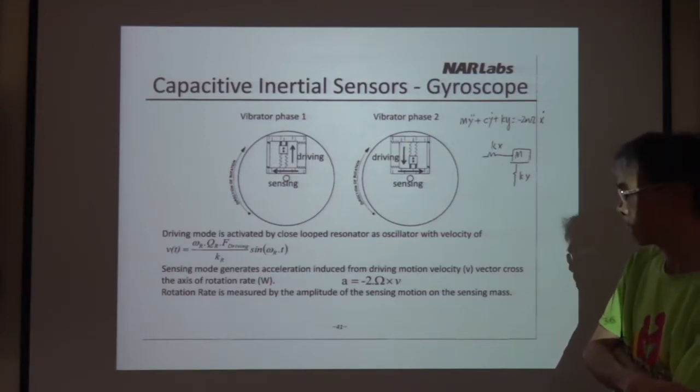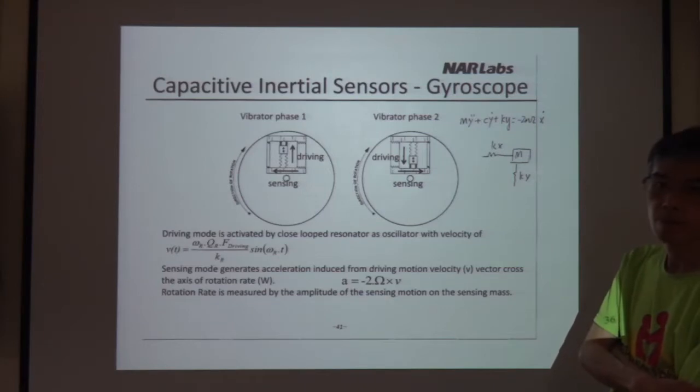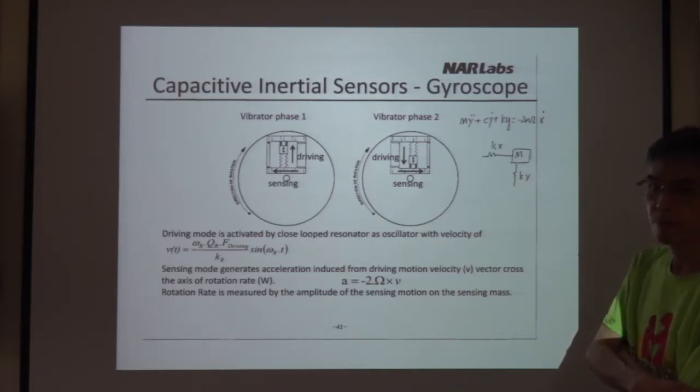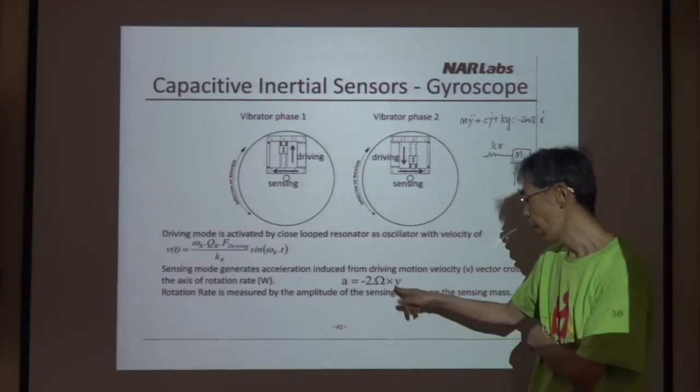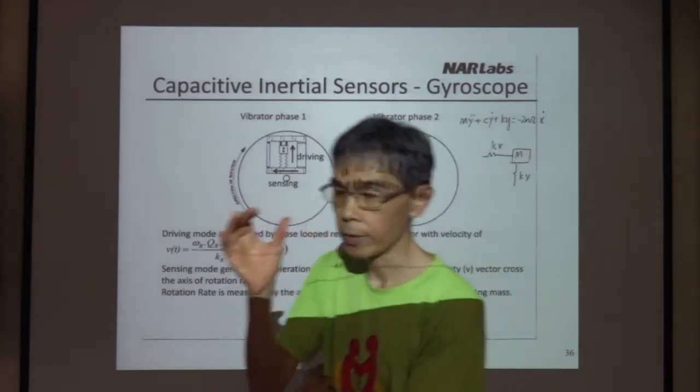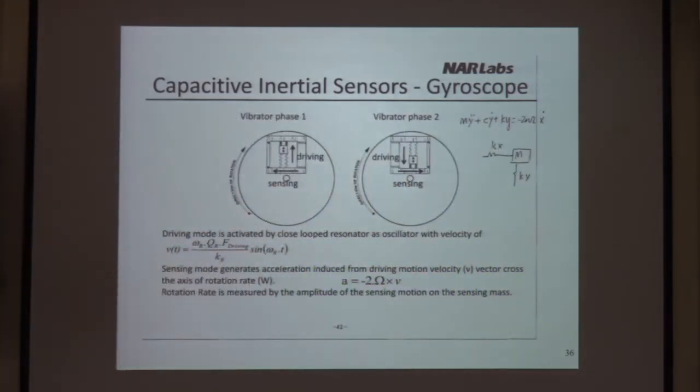If we have a velocity of a moving object and we apply an angular velocity, the result is 2 omega cross V. The outer product is not a sum. A sum is A plus B; the outer product is cross, not a sum.